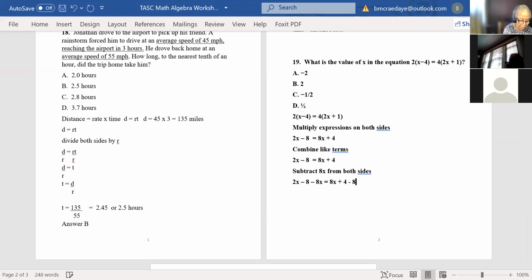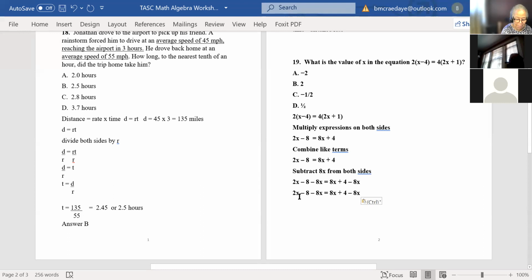minus 8x. Okay, so what's a 2x and a minus 8x? A 2x and a minus 8x. Unlike signs, subtract. So what would that be? Minus 6x.